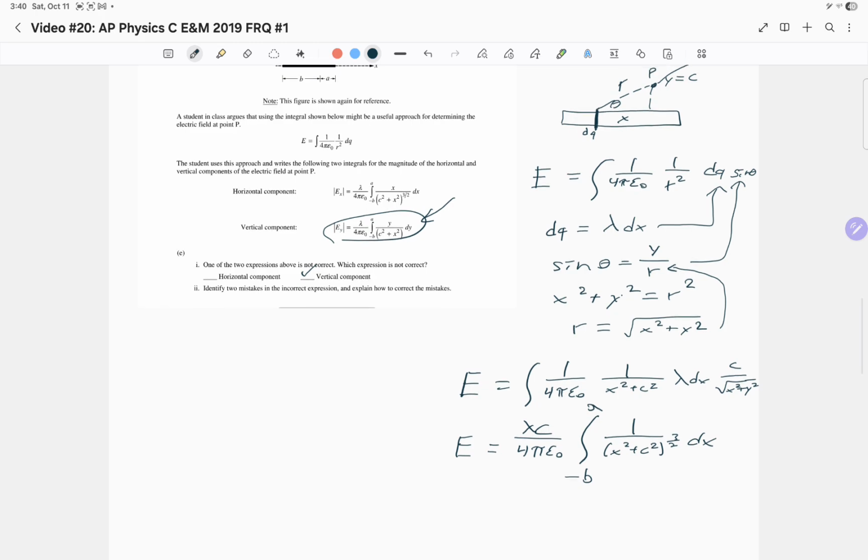But it seems that, oh, they did use y. Okay, but y is a constant. Oh, so maybe that's why they subconsciously used y. Okay, but there are two clear mistakes there.